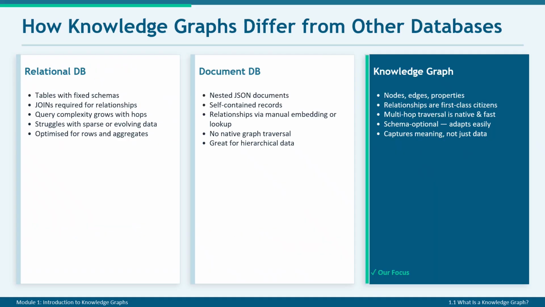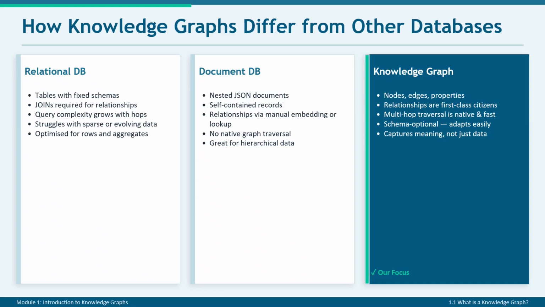Now let us contrast knowledge graphs with the 2 types of databases you are probably most familiar with: relational databases and document databases. Relational databases, think PostgreSQL, MySQL, SQL Server, are built around tables, rows, and fixed schemas.